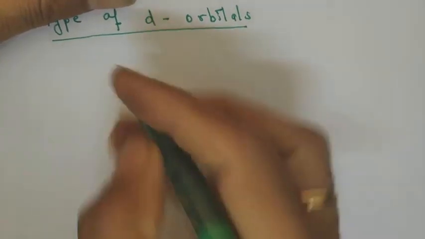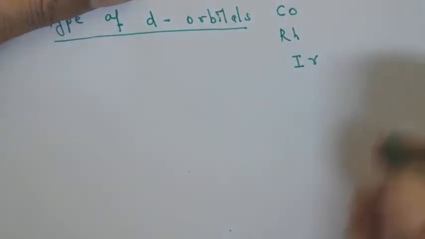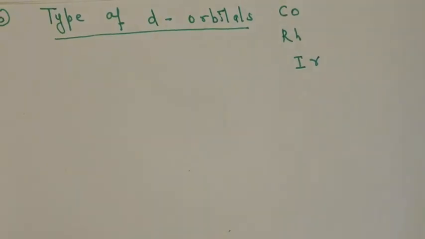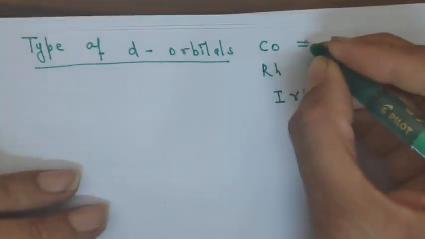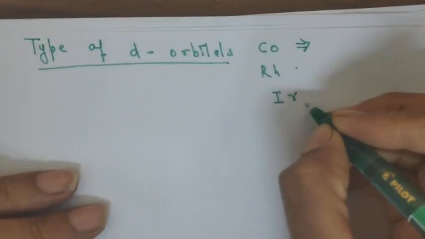You must be knowing that cobalt, rhodium, iridium. Whenever you have cobalt, it belongs to the 3d series, rhodium belongs to the 4d series, and iridium belongs to the 5d series.